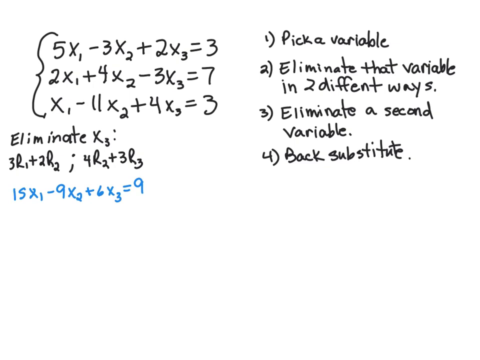You're multiplying both sides of the equal sign so that you're not changing the value of anything. You're still keeping equality. So next step is to multiply row 2 by 2. So I have 4x1's, 8x2's, and negative 6x3's, and it's going to equal 14.